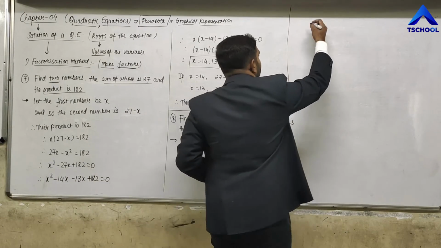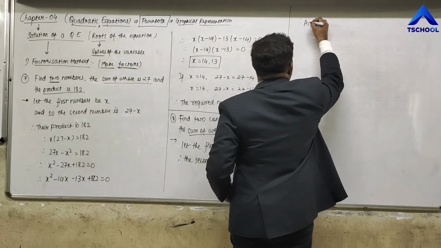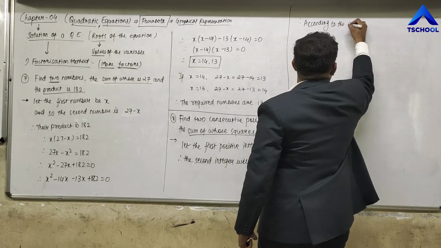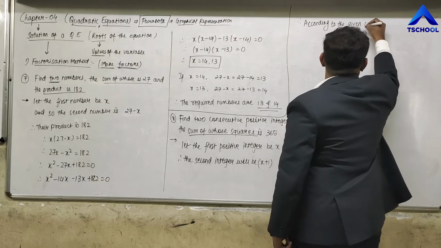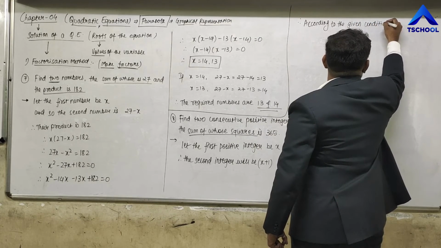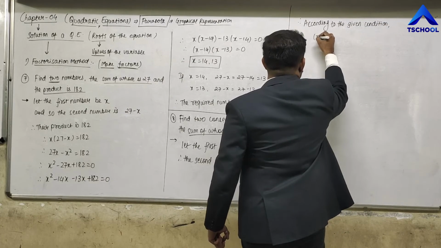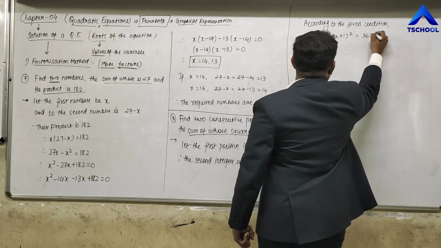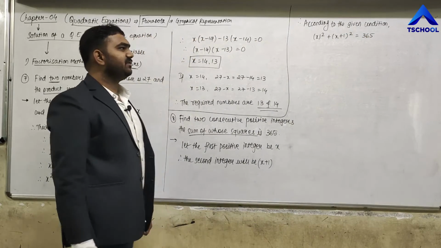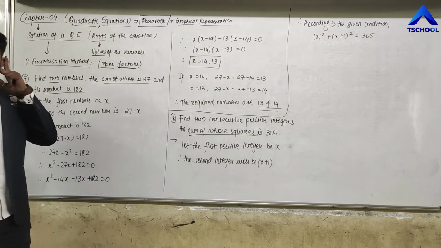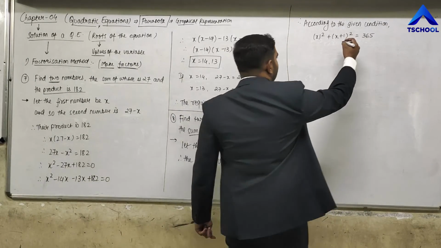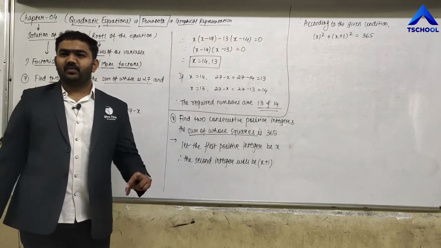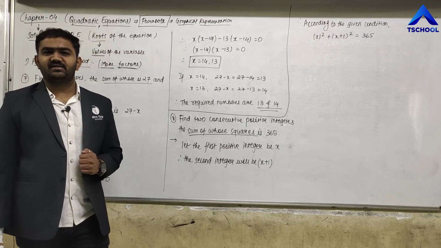Therefore, I am going to write it down here. According to the given condition, x square plus x plus 1 whole square is equal to 365. Right? The sum of whose squares is 365. That means the square of the first number plus the square of the second number is equal to 365.